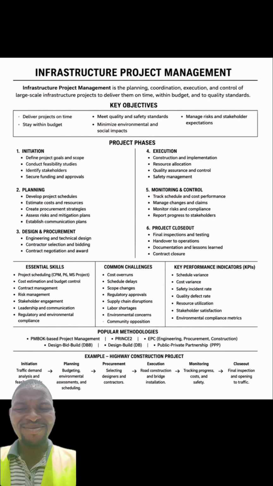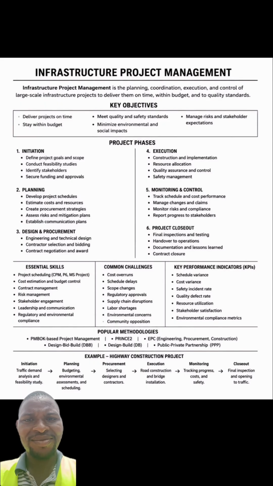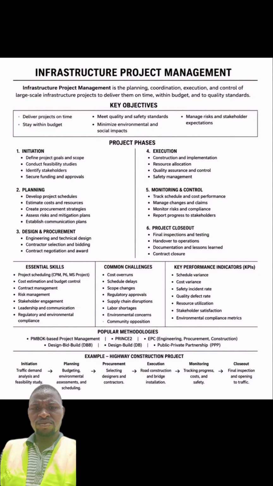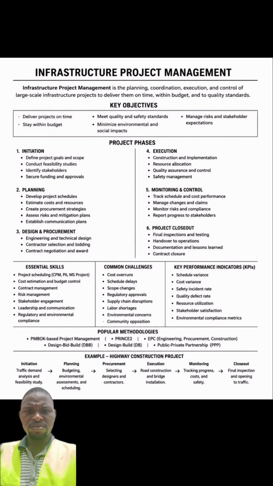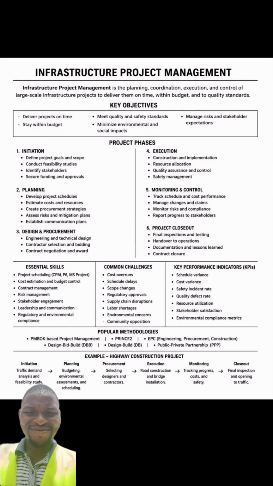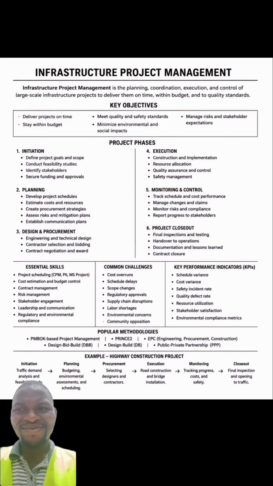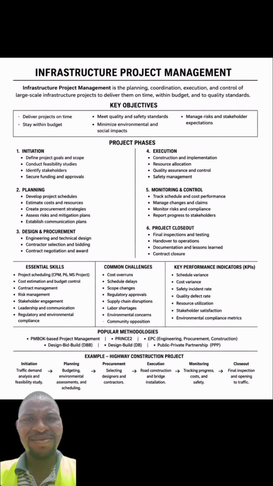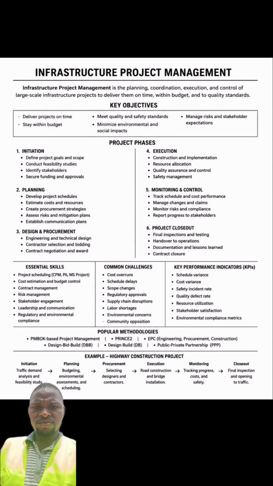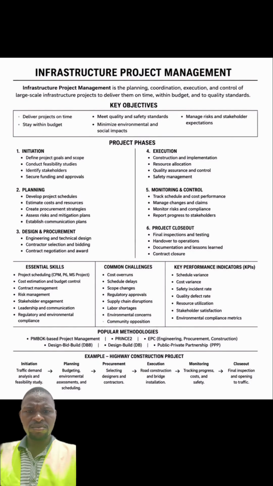Then environmental compliance metrics, because environmental compliance metrics is a big factor, because when you are doing your construction, are you actually taking care of the environment, or you're just doing your construction without considering all these key factors? So all this put together helps for you to note your key performance indicators, that is your KPIs.